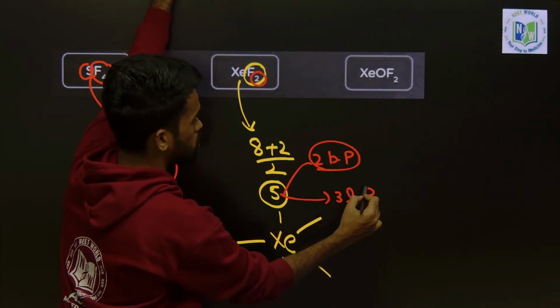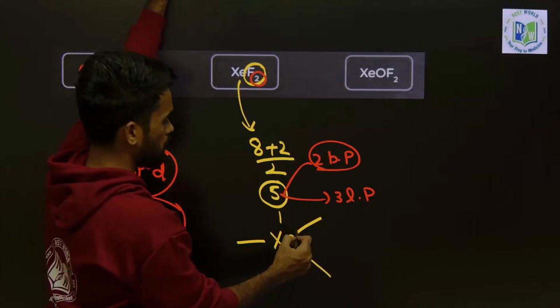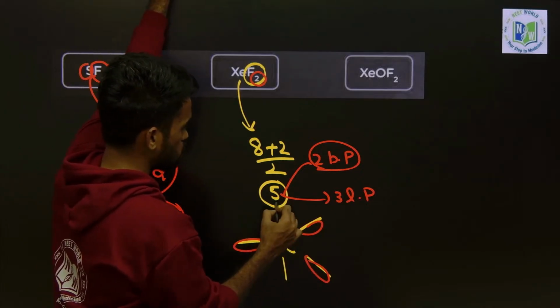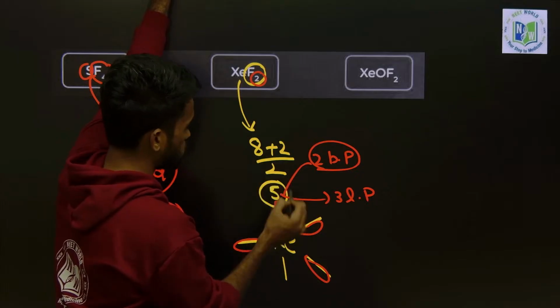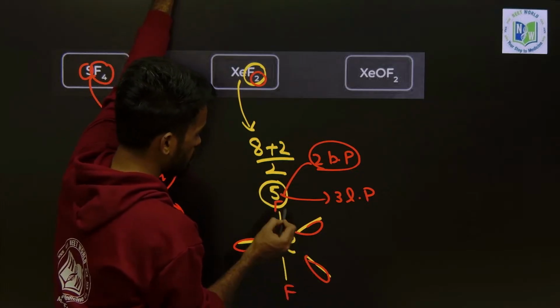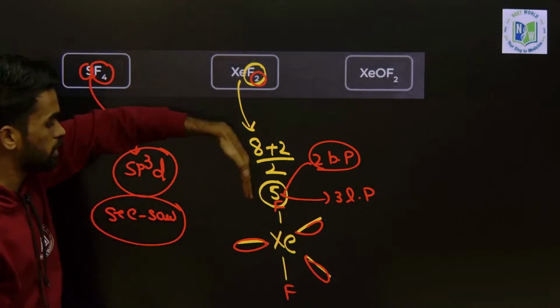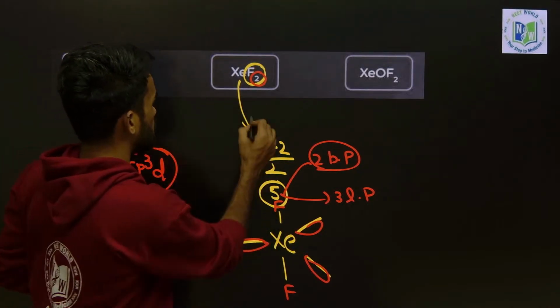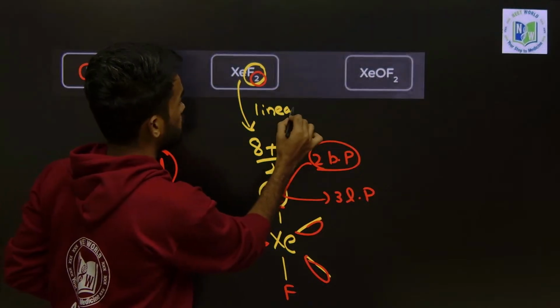Where to place these lone pairs? In the equatorial positions, and the 2 axial positions with the surrounding atoms. What are those? Fluorine above and fluorine below, that's it. So it's like a line now. What is the shape of this molecule? Linear, okay.